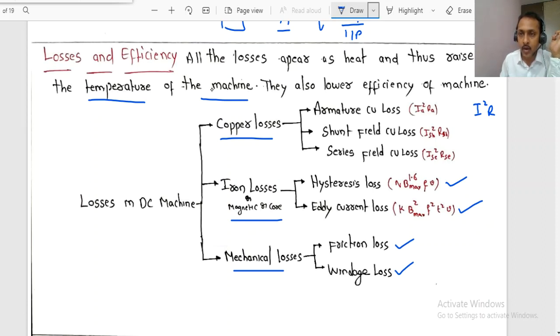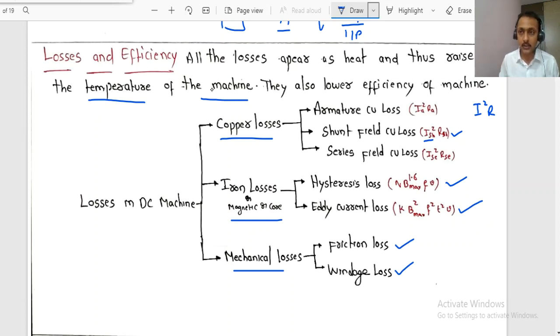If in the shunt field winding the current flowing is ISH and the resistance of the shunt field is RSH, then ISH squared RSH amount of power is lost in the form of heat. Clear? Similarly, in the series field winding, if the current flowing is ISC and the resistance of the field winding is RSC, then ISC squared RSC amount of power is lost.